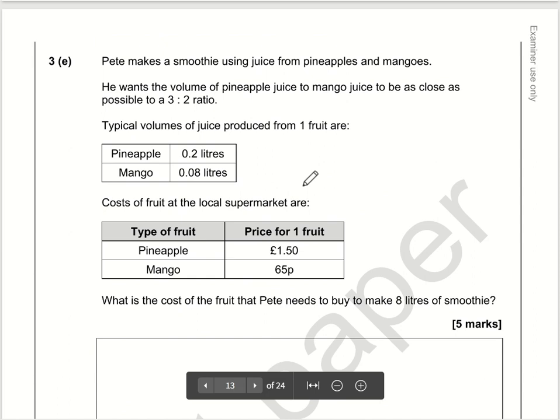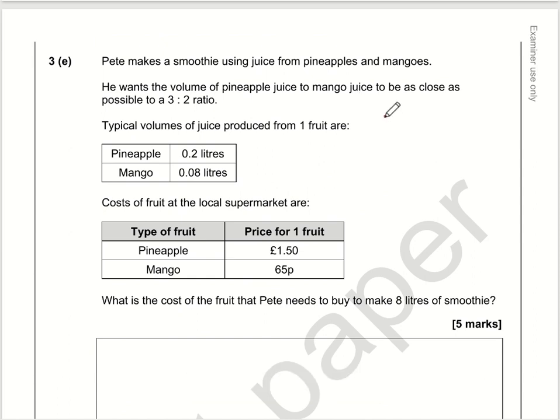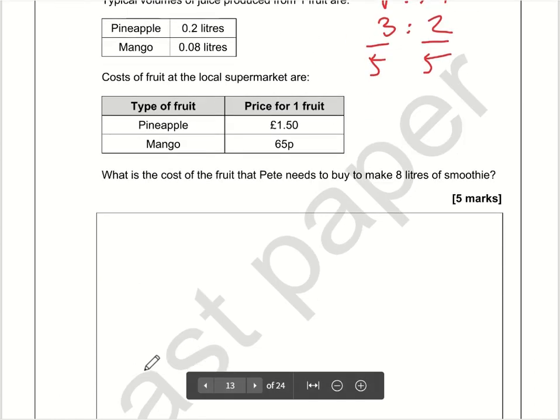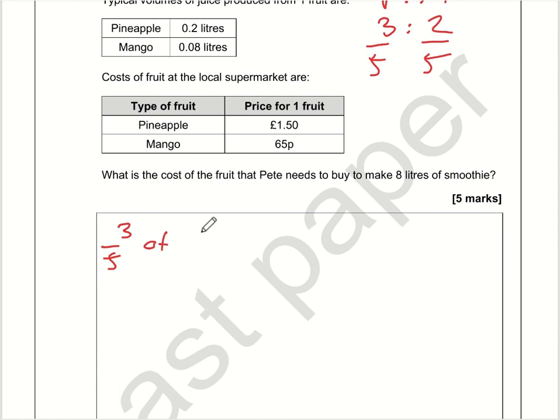Okay, so this one's quite a challenging question. So first of all, we know that the ratio of pineapple to mango is 3 to 2. So that means 3/5 is pineapple and 2/5 is mango. We're talking in fifths because 3 plus 2 is 5. So if we're making 8 litres of smoothie, what is 3/5 of 8?